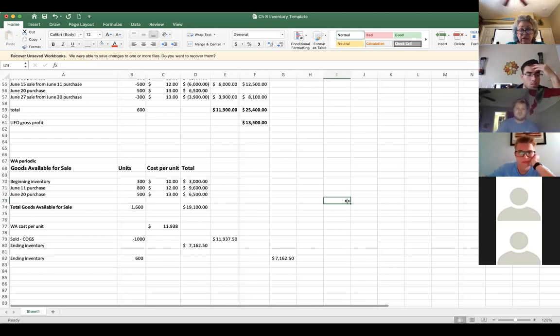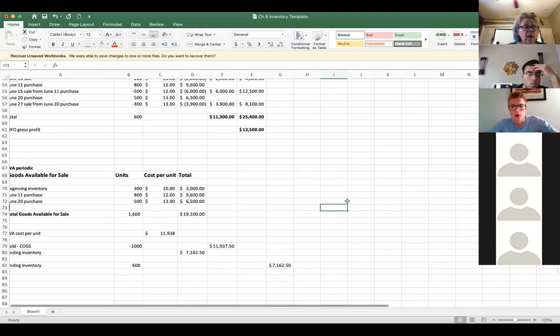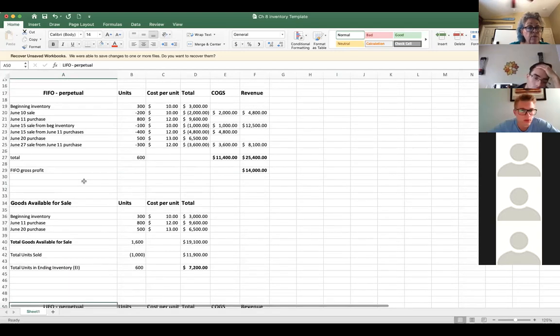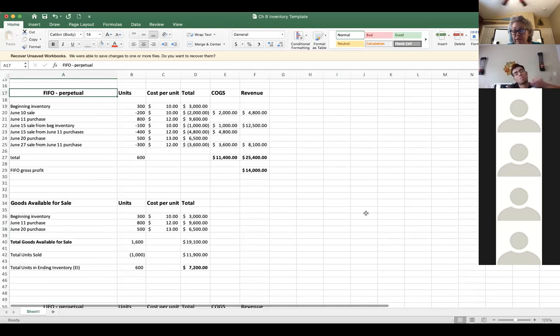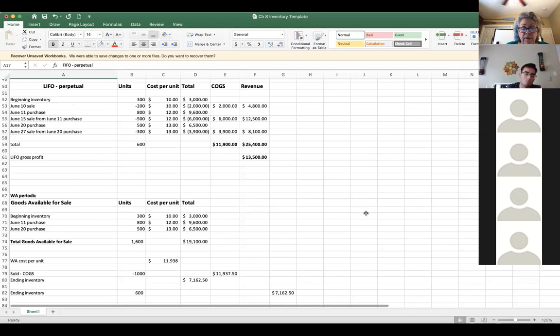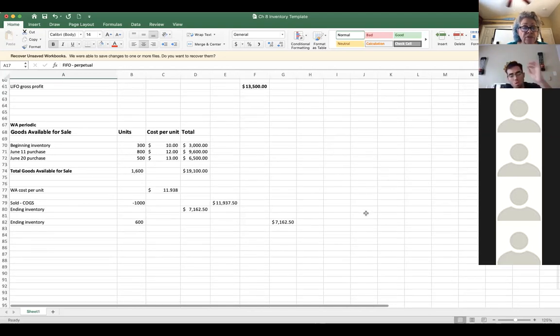But this is the only thing that I'm going to ask that you do is weighted average periodic, but LIFO and FIFO will be perpetual. Calculating it at every time. So that is your LIFO, FIFO perpetual, weighted average periodic.